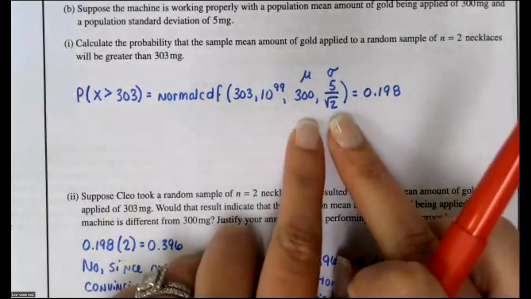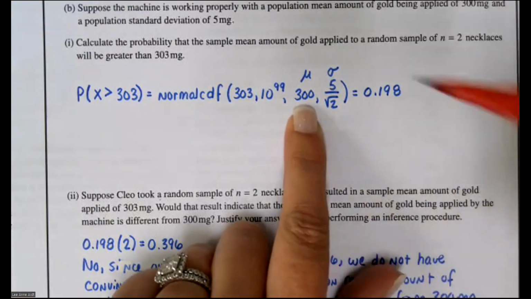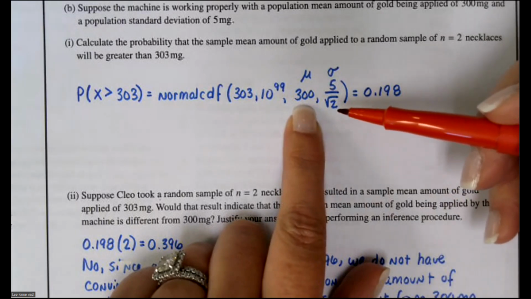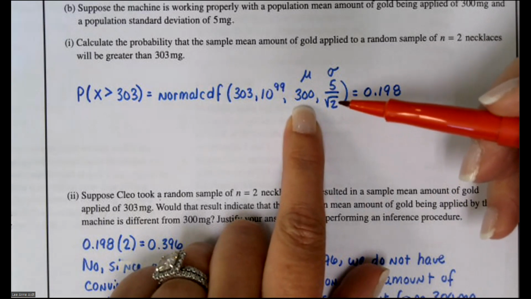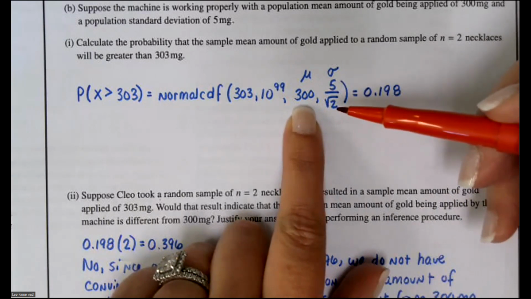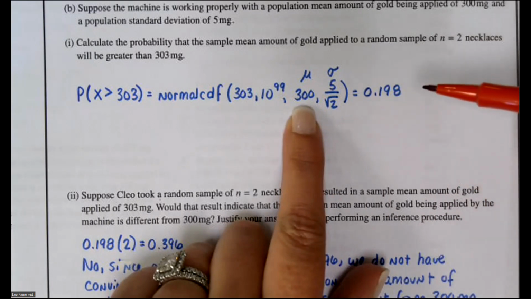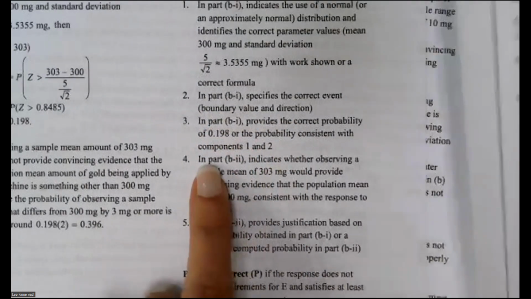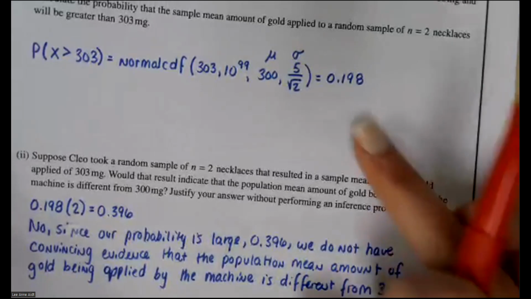This is really important that your mean is 300 and your standard deviation is 5 over root 2. The reason is because there's 2 this time, not just 1, so it's S over square root of n. Correct event, boundary value, correct probability of 0.198.